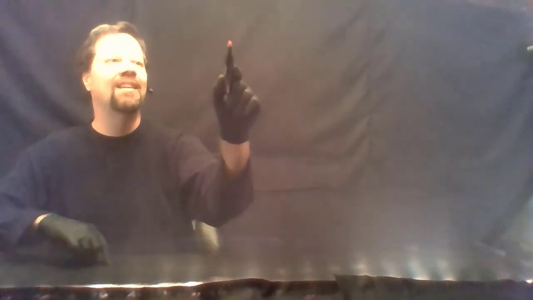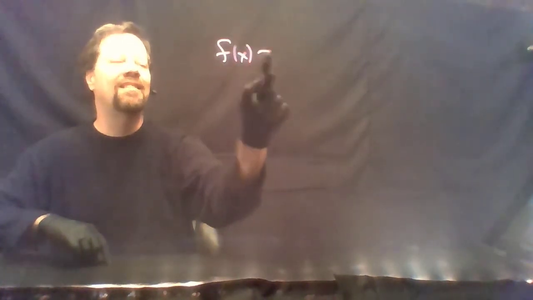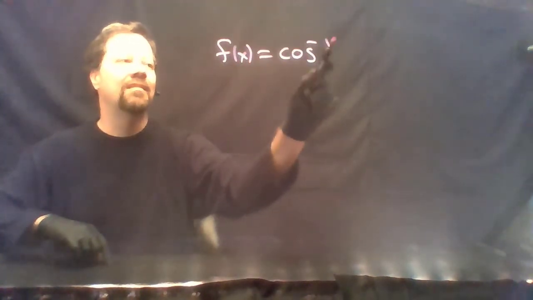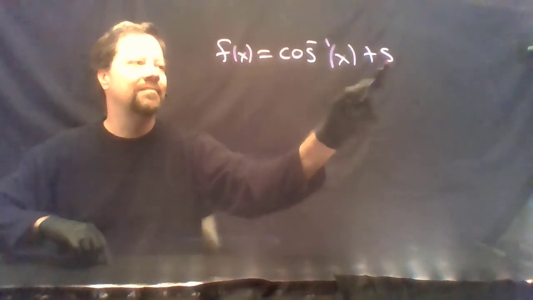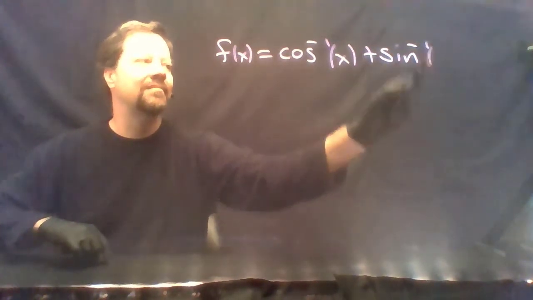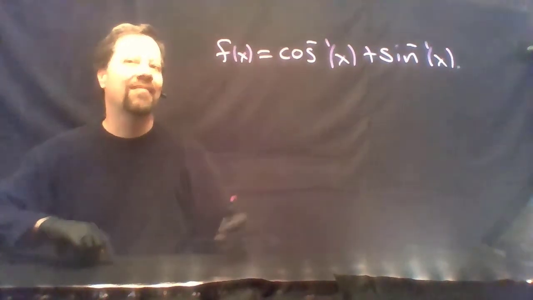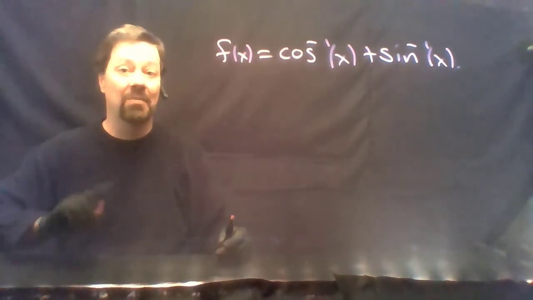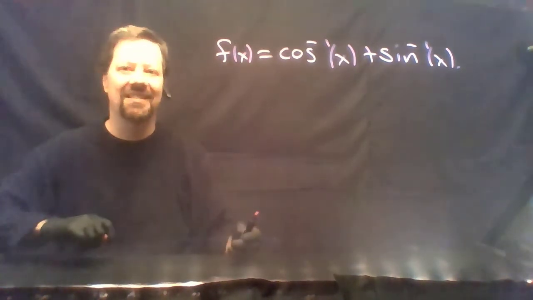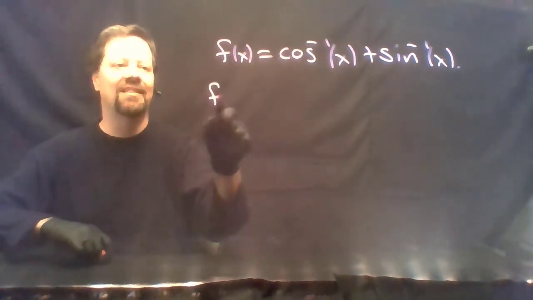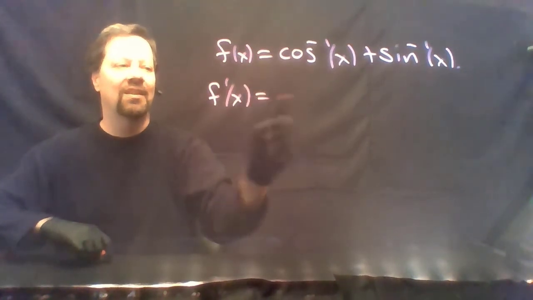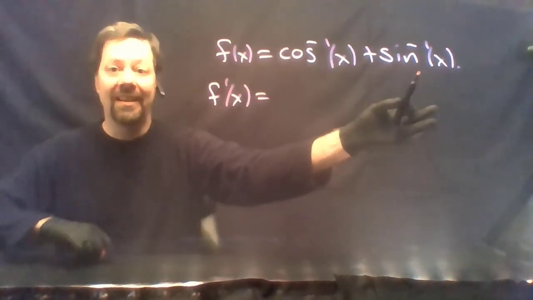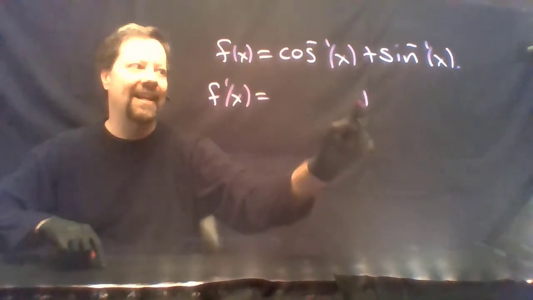I want you to consider the following function: arc cosine of x plus arc sine of x. Check this out. The derivative of arc sine is the other one that I asked you to remember.